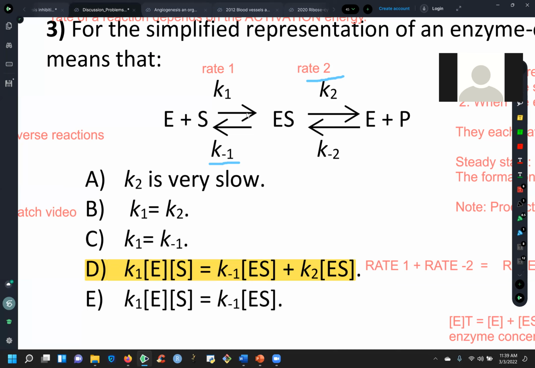So that's the enzyme with the substrate stuck together. That's why it's a complex. And then that turns into the enzyme by himself. And he let go of the product, which was a triangle.